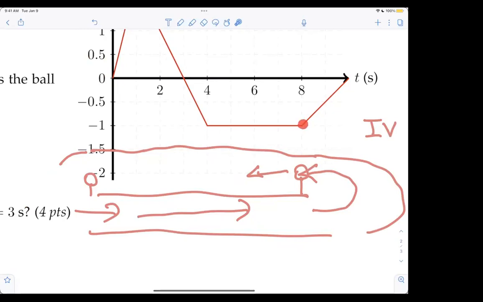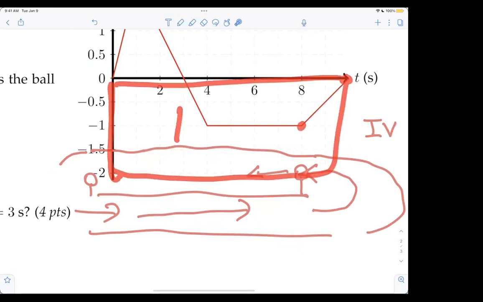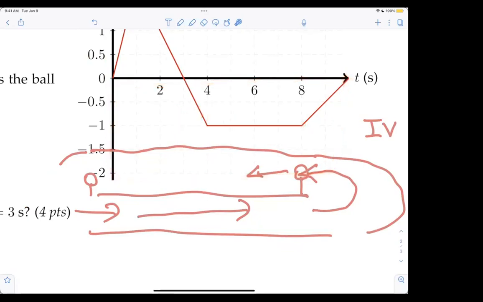Like I said, 8 to 10, you're slowing down, but as long as you're in that fourth quadrant, you're moving to the left. It's just that you're slowing down now because you're going from 1 meter per second in the left direction to 0.5 meters per second in the left direction to now 0. So it's as if you're coming to a stop in that left direction.